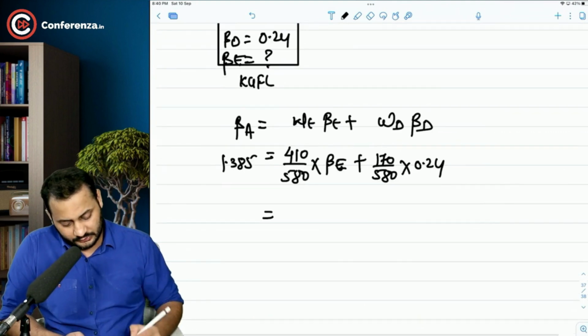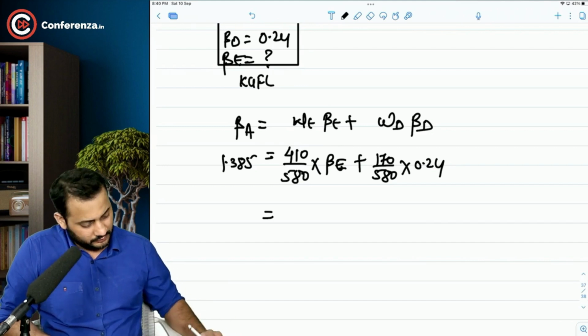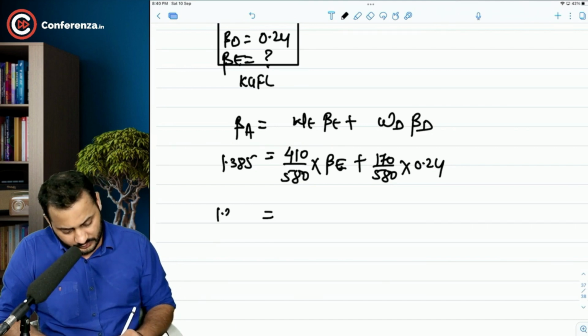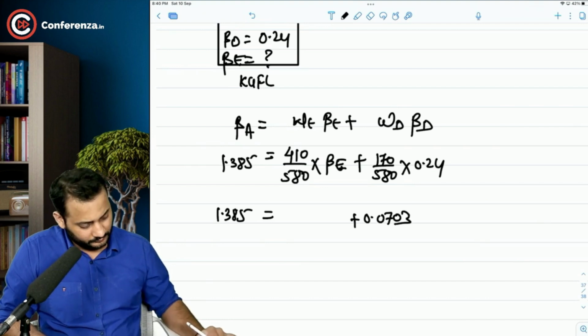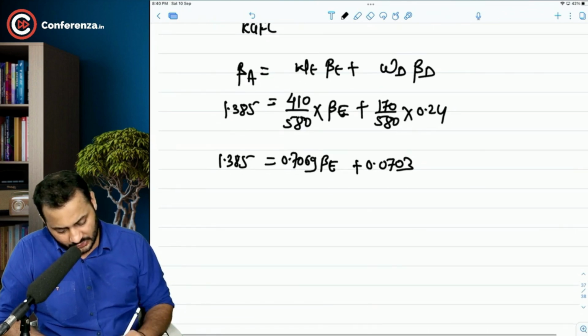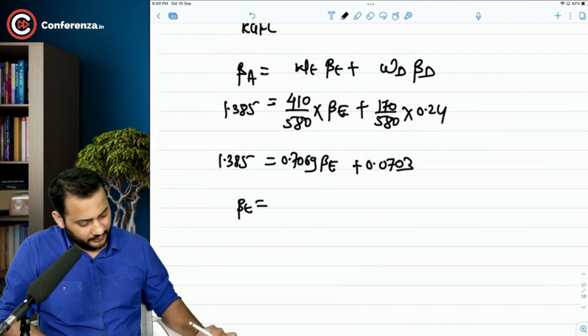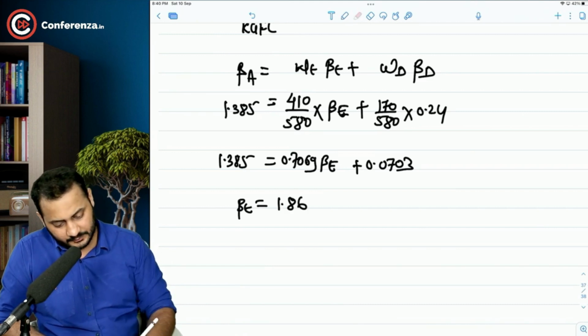So 1.385 equals 410 by 580 times equity beta, plus 170 into 0.24 divided by 580, which is 0.0703. If we solve this equation, equity beta will be 1.86.